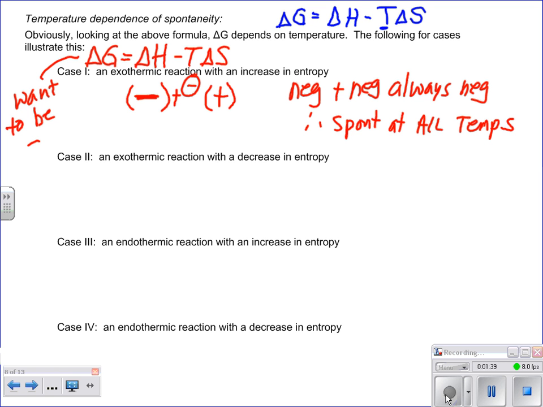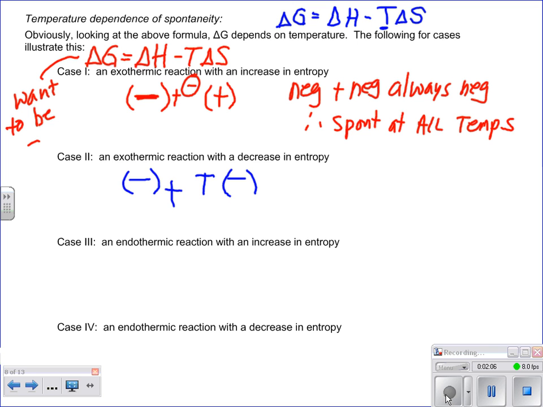Next one, I have an exothermic reaction. So again, we have a negative. But what we're now going to do is subtract our temperature times a decrease in entropy. So that's going to be a negative value over here. We're subtracting that, so you're going to switch the sign here as well.